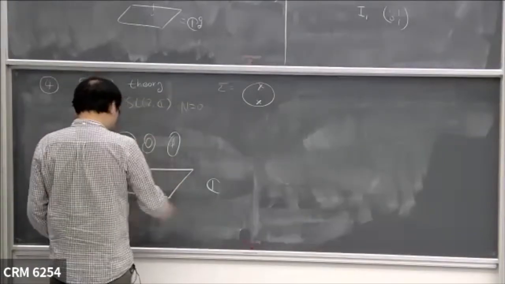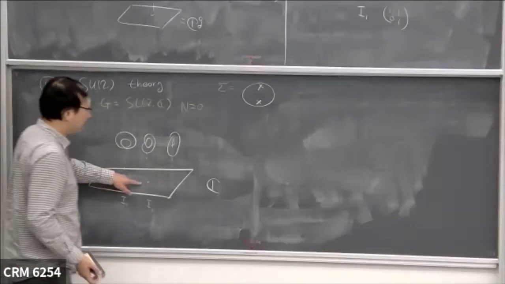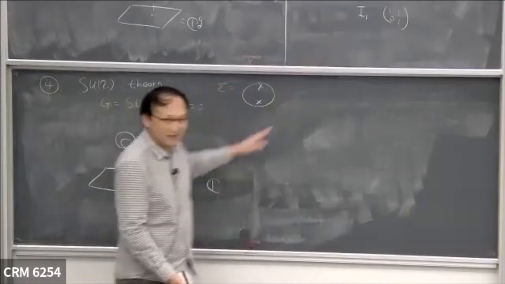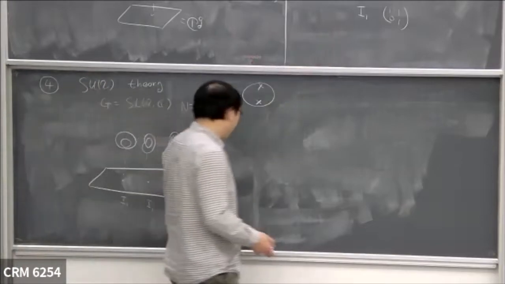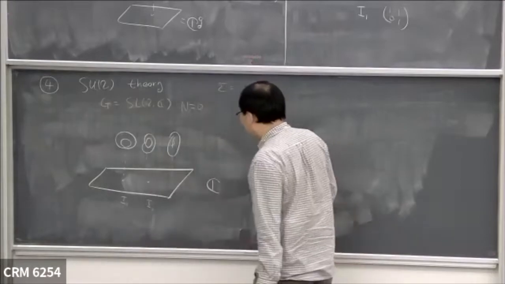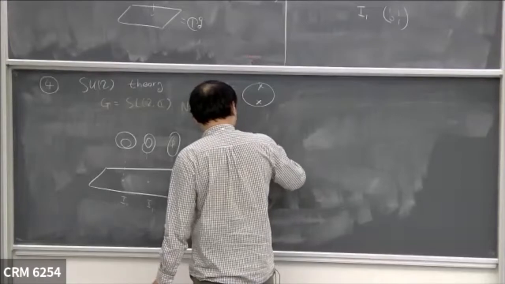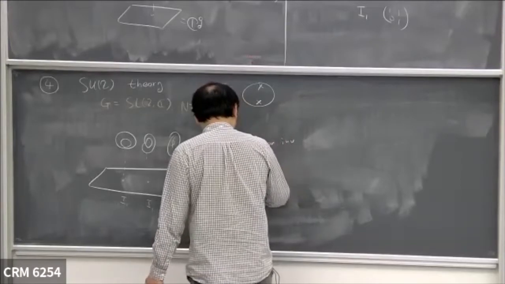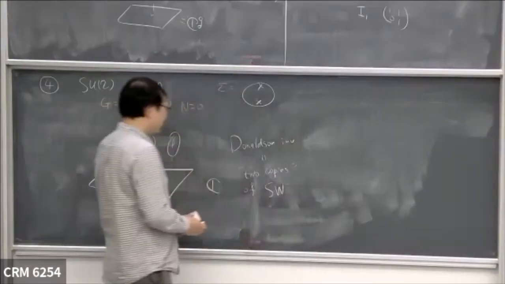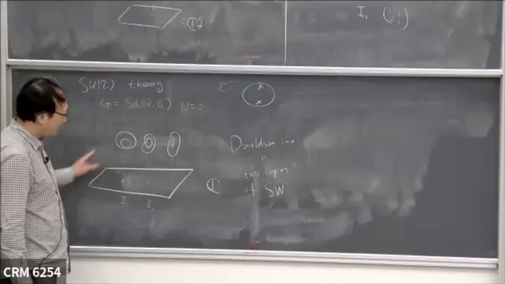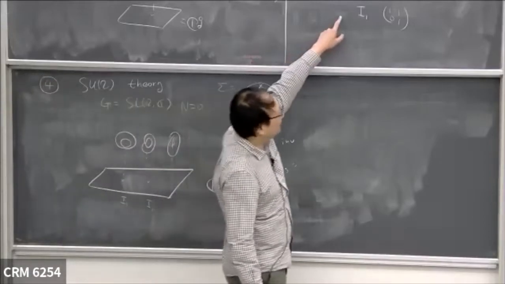So you see that this geometry has a property that in a sense it contains two copies of this. And this leads to a very famous conjecture known as the Witten conjecture, telling you that the Donaldson invariants are in a sense two copies of the Seiberg-Witten invariants. So in other words, there's a way of relating the TQFT that you obtain from this with the TQFT that you obtain from this.